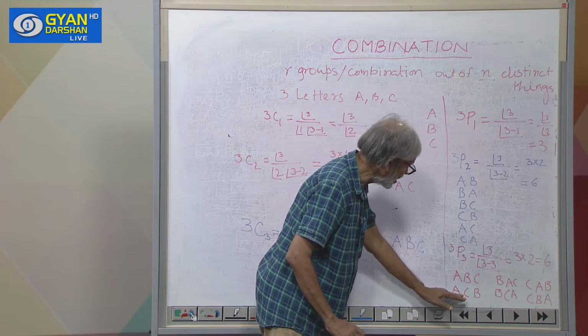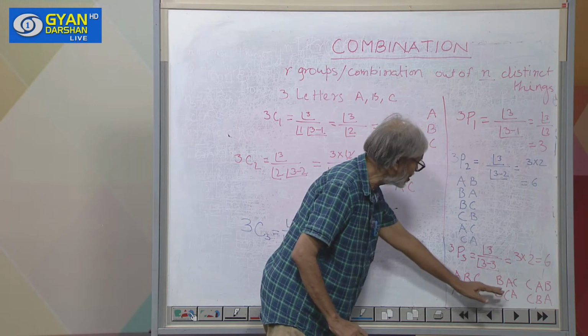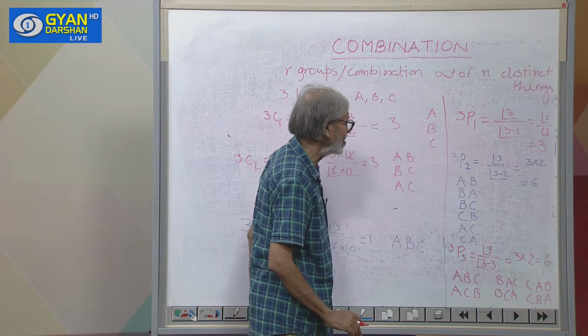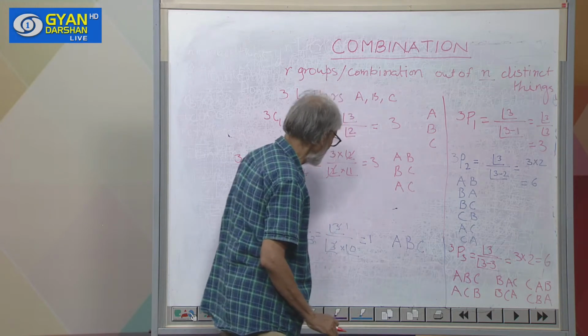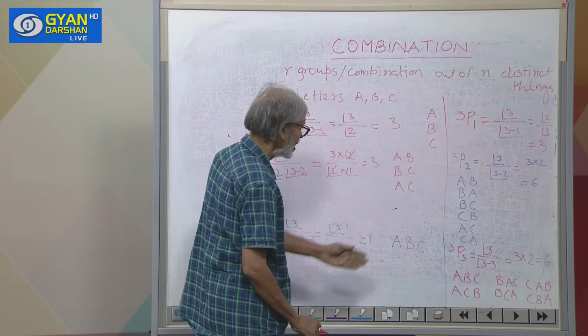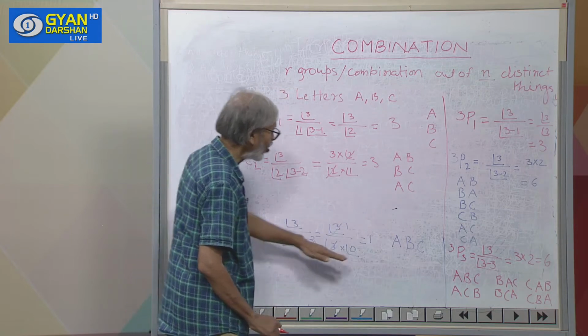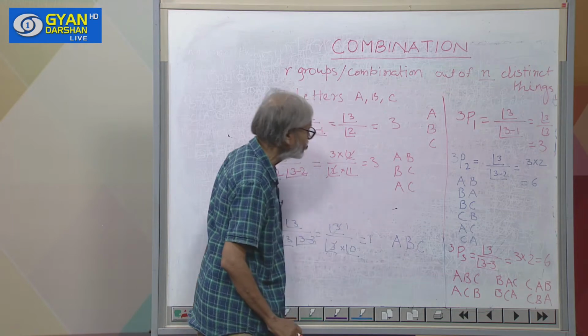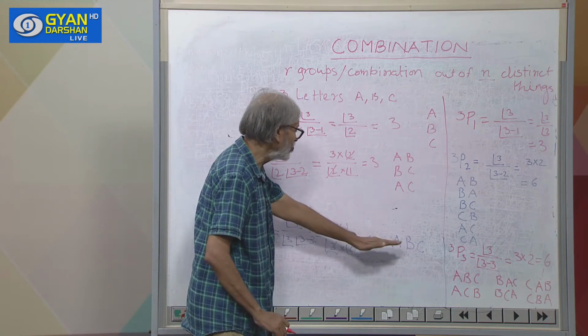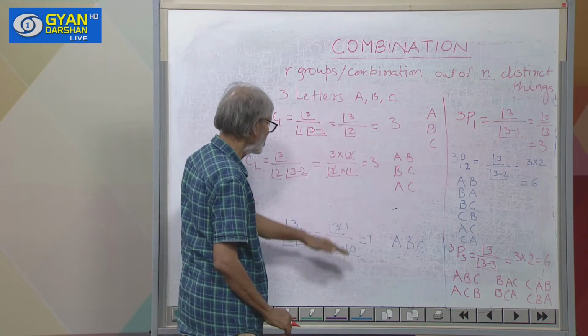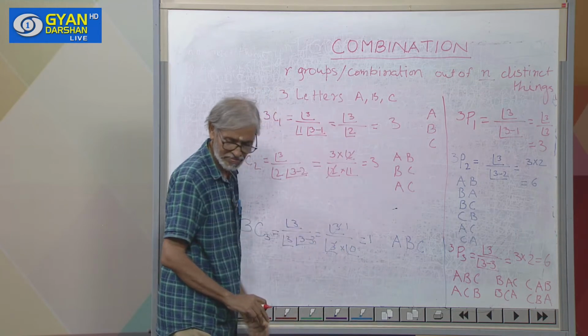The other one is A, C first, and then B. So, these all 6 are distinct and different permutations. But in the case of combination, since order is not important here, we have to form a group. So, only one group can be made out of these 3 letters, taking 3 at a time.